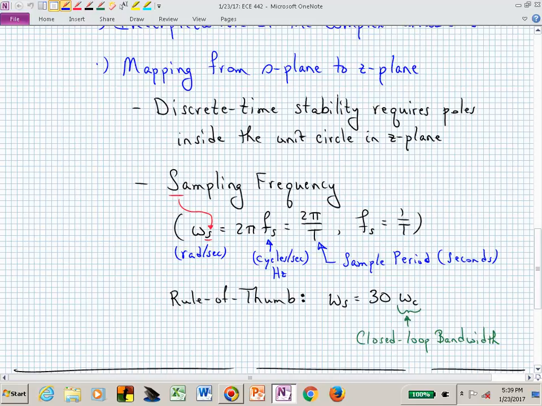And if you want to know what capital T is, then you don't just grab it out of the air. You say, how fast is my system going to be operating? I need to sample at 30 times the closed loop bandwidth. And we'll get a little bit more comfortable with what that closed loop bandwidth means if that doesn't mean anything to you now. That's okay.